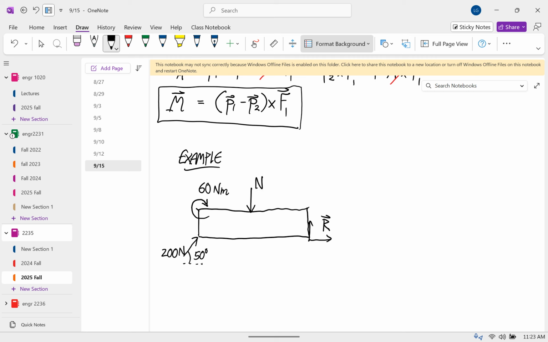I made this a little too tricky for myself. I hope this is going to work out. But let's say that there's an unknown normal force down there. And let's say that this has a length of 0.5 meters, and this has a distance of 0.2 meters.